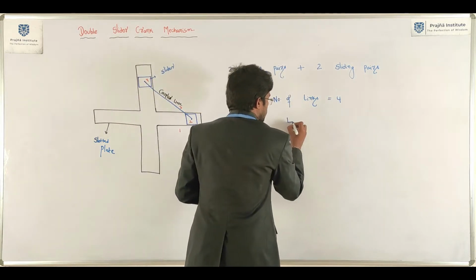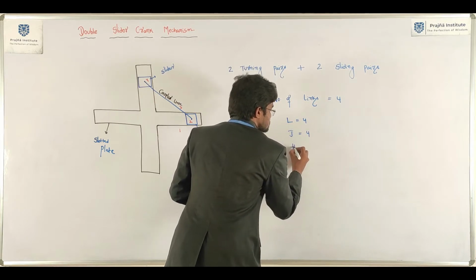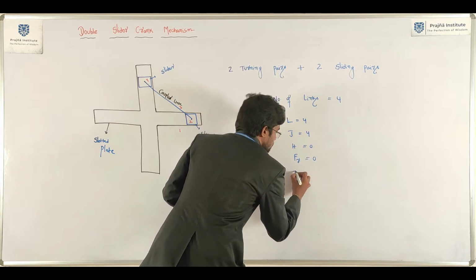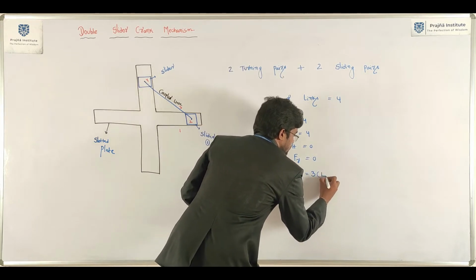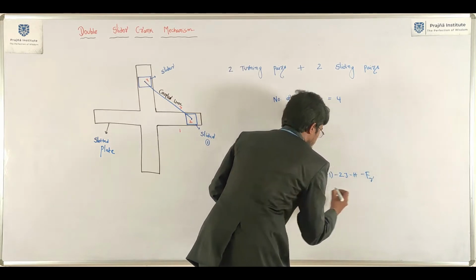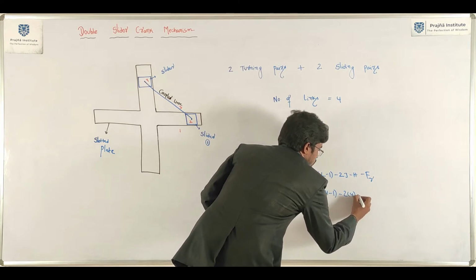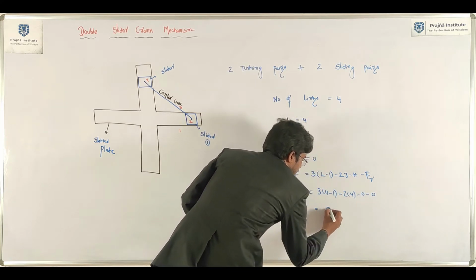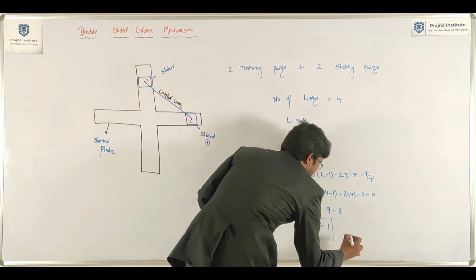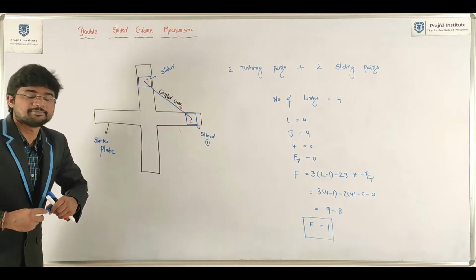So L equals 4, J equals 4, H equals 0, redundant degree of freedom equals 0. F equals 3 into (L minus 1) minus 2J minus H minus F1. 3 into (4 minus 1), minus 2 into 4, minus 0 minus 0, 9 minus 8 equals 1. 1 is the degree of freedom of the double slider crank mechanism.